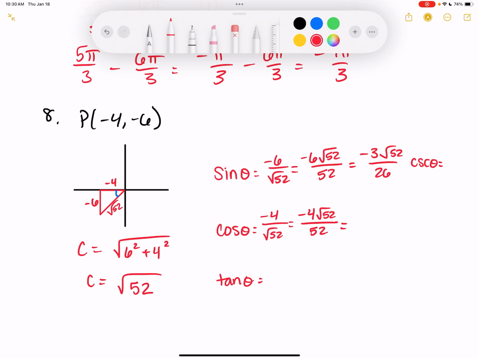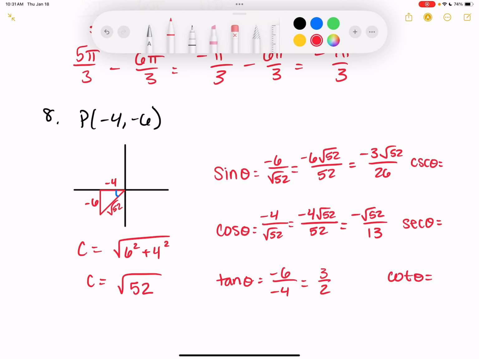Yep, negative root 52 over 13. That one reduced nicely. Tangent of theta. Negative 6 over negative 4. Negatives cancel, and it reduces to 3 over 2.